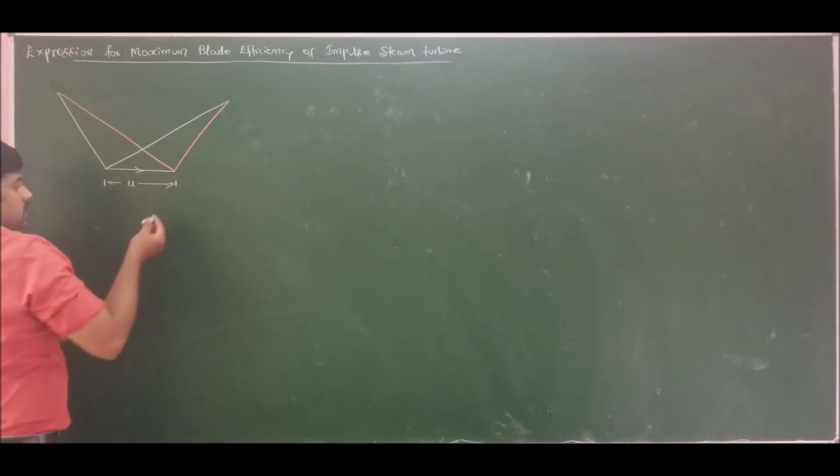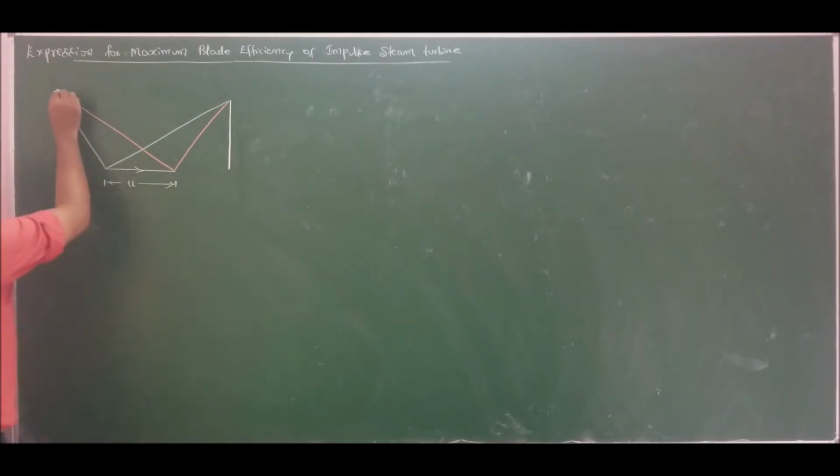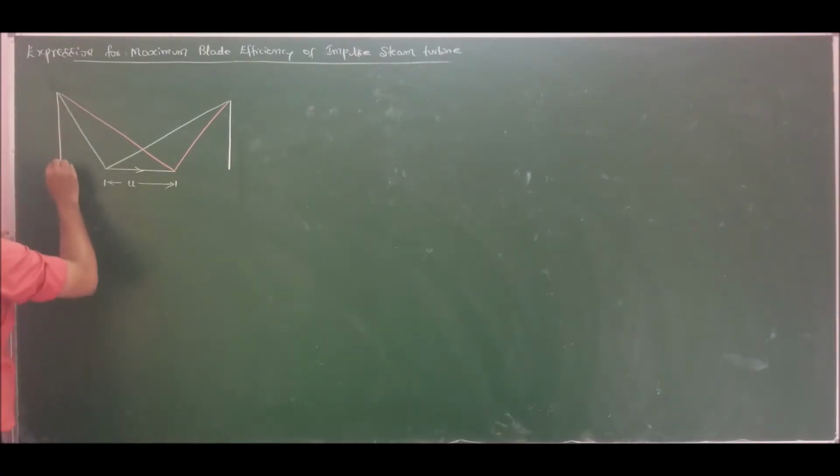If I draw a vertical line, I get the flow velocities Vf2 and Vf1.